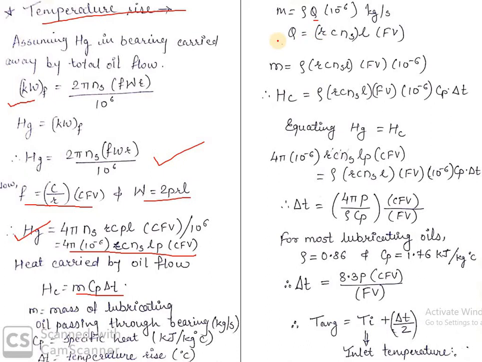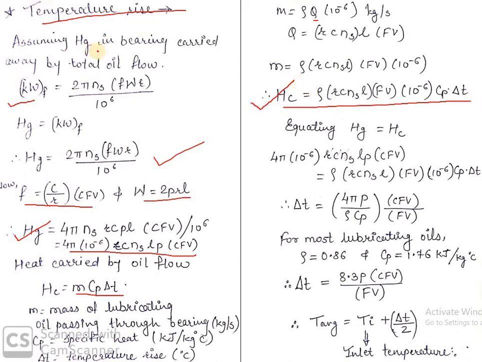We have the formula of q as RCNS into L into Fe. Actually we have the formula of Fe, that is q by this term. So we can rearrange it and substitute this value of q in the equation of mass. So m is this much, and substituting the m value in this equation of heat carried by oil flow, you will get a simplified equation of Hc.